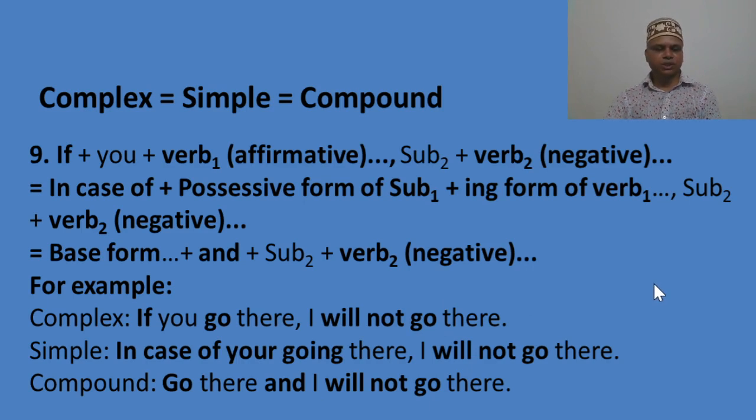So students are told to follow the rules properly, follow the structure of the sentences properly, and they are asked to follow the rubric of the sentences: if, in case of, and.